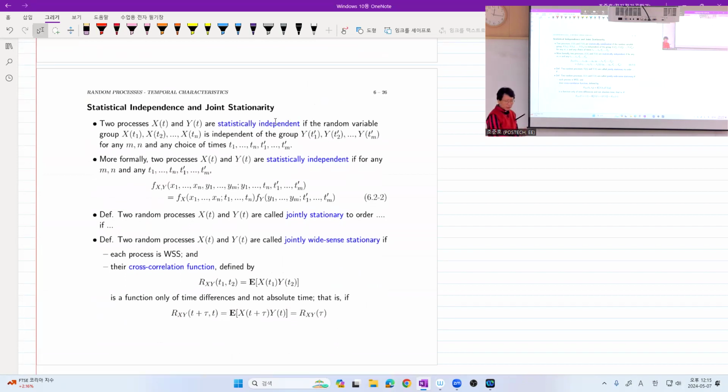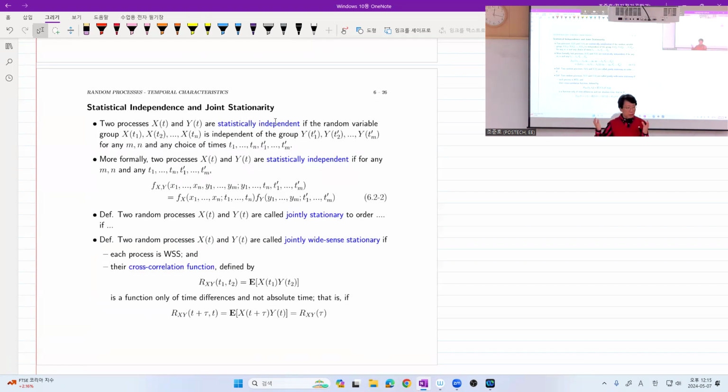But I can finish. So what about when you have two random processes and want to say that they are independent random processes? We can go back to our independence of two random vectors of finite length. How did we define it? Any event in terms of random vector X and any event in terms of random vector Y, if these two events are independent, then the random vectors are independent.